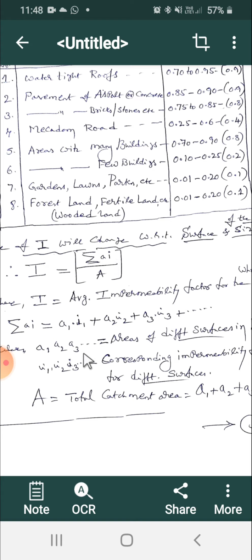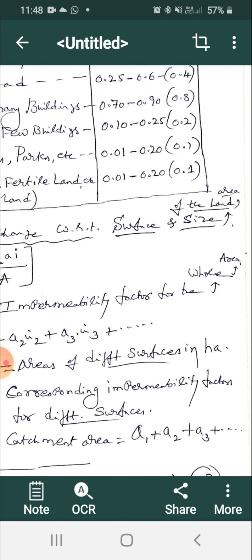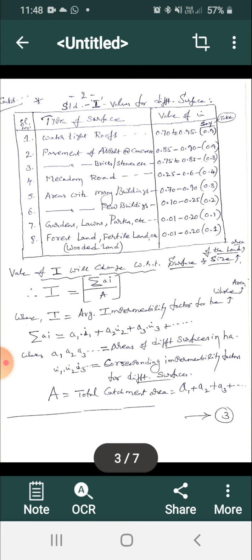Sigma AI is equal to A1 I1 plus A2 I2 plus A3 I3, etc., where A1, A2 are the areas of different surfaces, in hectares, and I1, I2, I3, etc. are the corresponding impermeability factors for different surfaces. Try to understand neatly and you will be able to solve very easily.